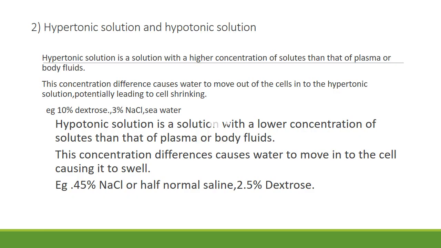Because of the movement of the water from our cells to the hypertonic solution, the cells will shrink. Examples for hypertonic solutions are 10% dextrose, 3% NaCl or seawater. These are the three examples given for a hypertonic solution.